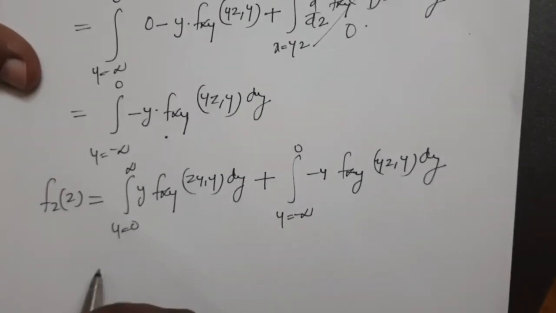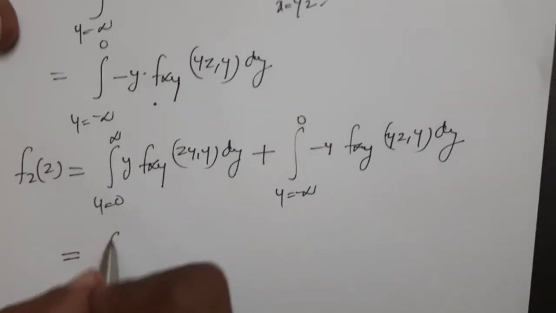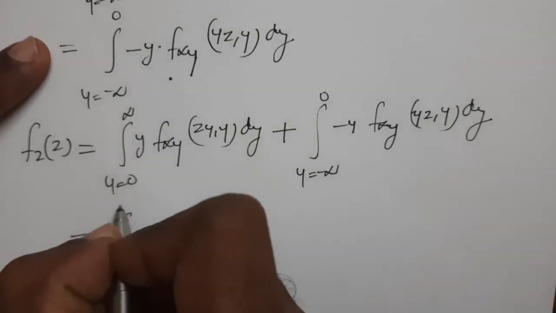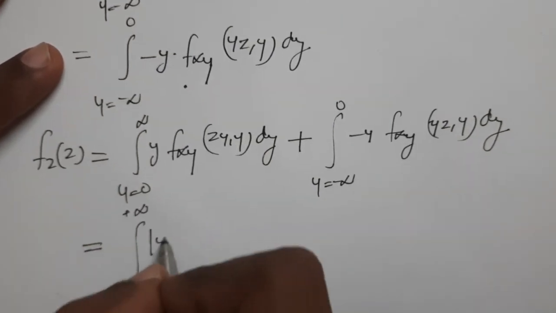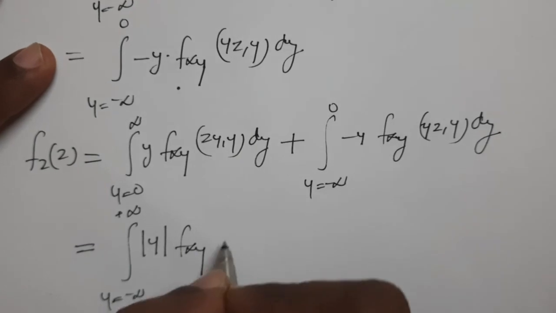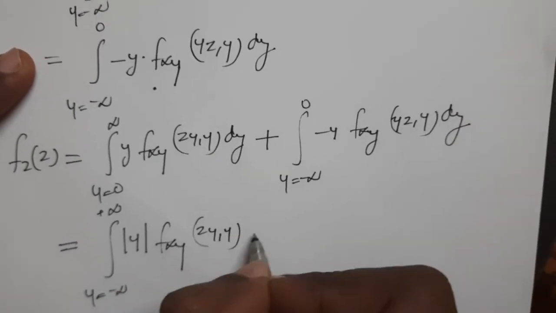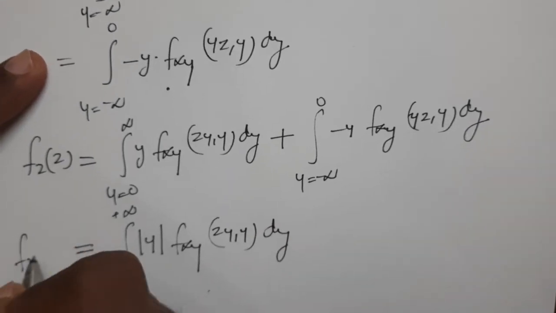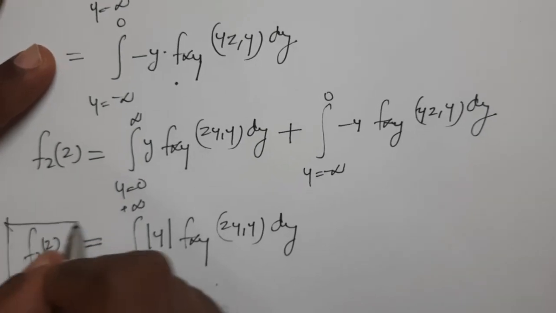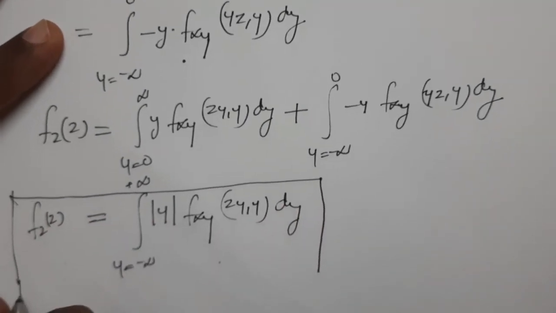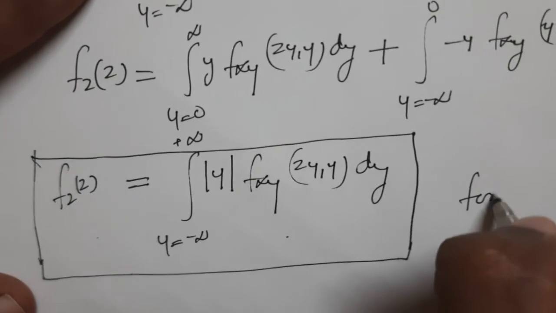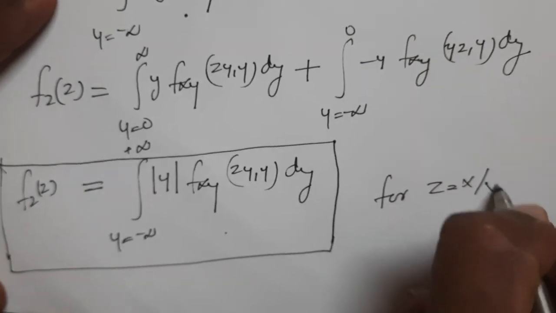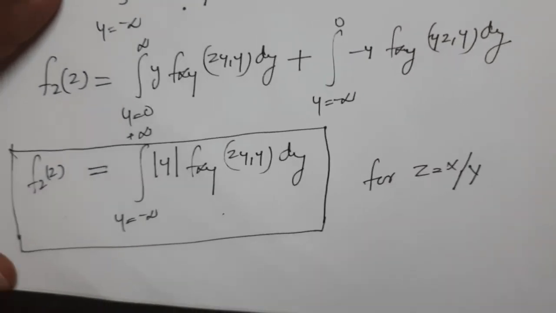Combining these two terms, you can write it as the integral from minus infinity to plus infinity of mod y times fxy(zy, y) dy. So this is the PDF for z equal to x by y. Thank you.